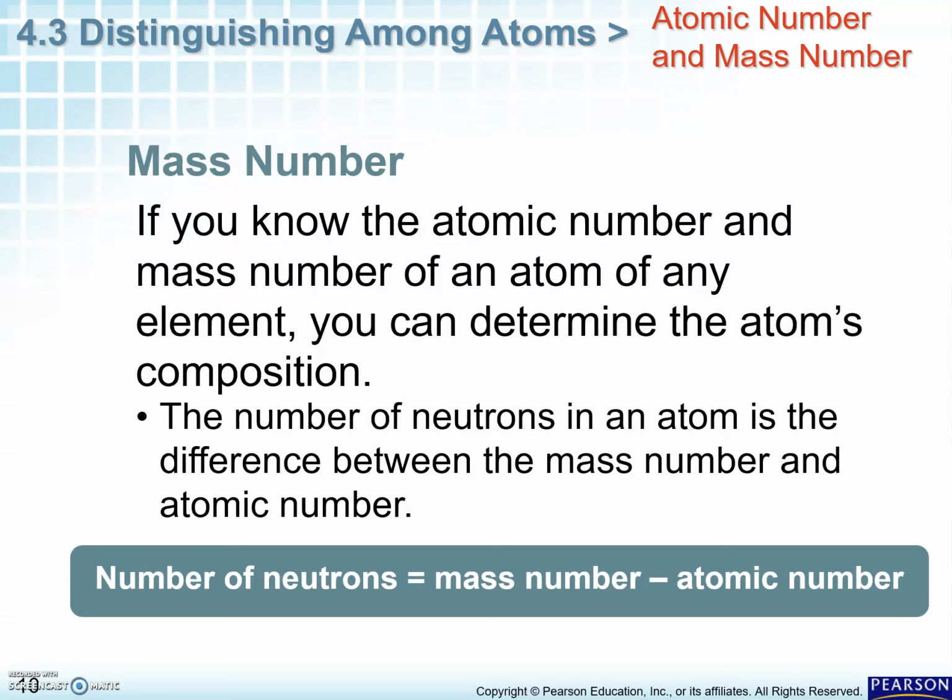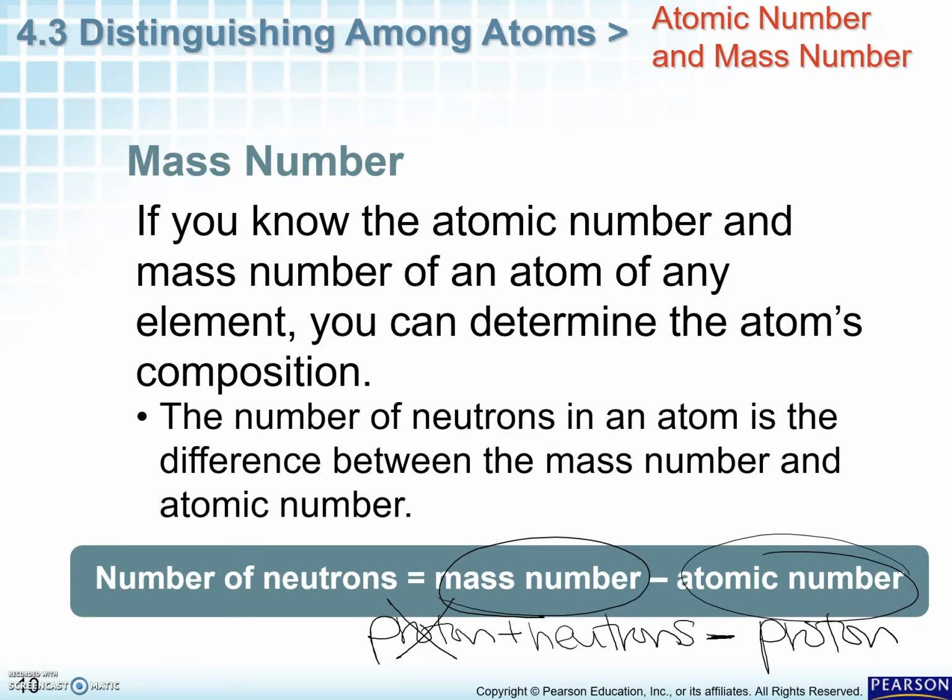The number of neutrons in an atom is the difference between the mass number and the atomic number. Another way to think of that is, remember, our mass number is the number of protons plus neutrons, and our atomic number is the number of protons. So if you subtract the number of protons from the number of protons plus neutrons, according to math, these two cancel out, and you're left with only the number of neutrons.